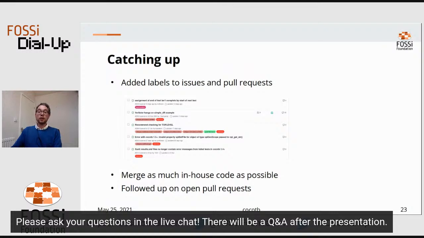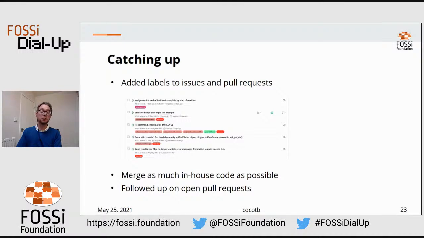Then, as I said before, we had to catch up, and one great way of structuring a problem and making it easier to manage is adding labels to GitHub issues and pull requests. That's a fairly trivial, but also very powerful feature of GitHub.